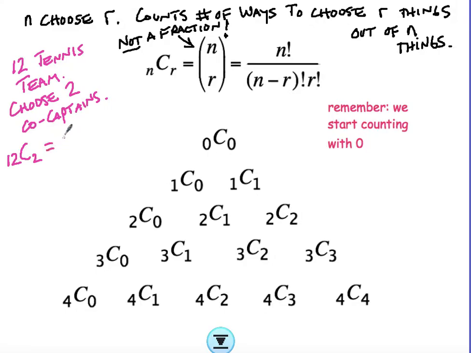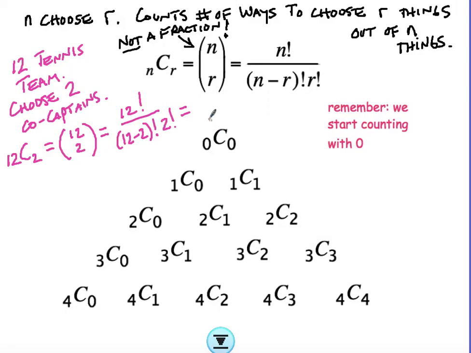If I wanted to, I could write it as 12 choose 2 this way. And again, it's not a fraction, so no division bar. So then I would have 12 factorial on the top, and I would have 12 minus 2 factorial times 2 factorial.